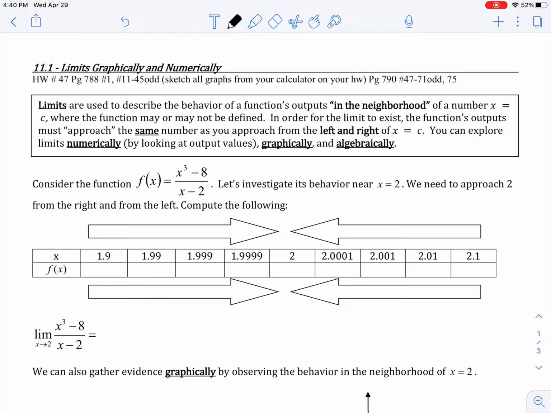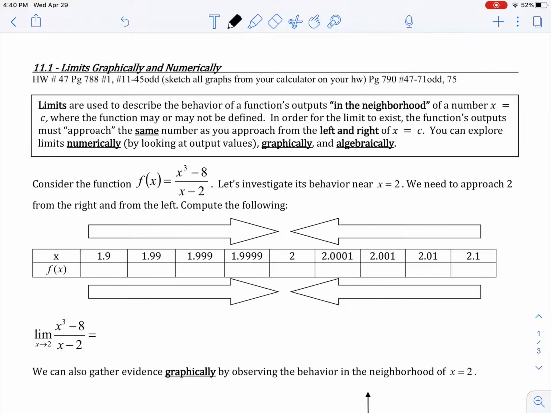Limits are used to describe the behavior of a function's outputs in the neighborhood of a number x equal to c. In other words, a limit is a way of mathematically describing what a function is giving you, or what its outputs are, as we get closer and closer to some x value, which we'll call c.